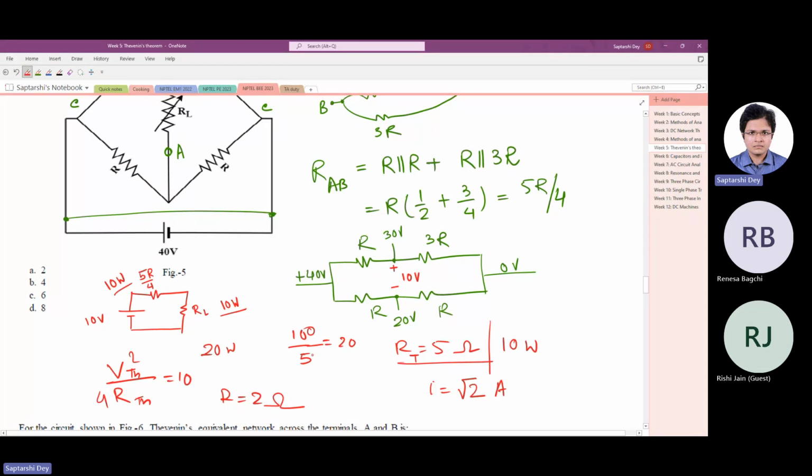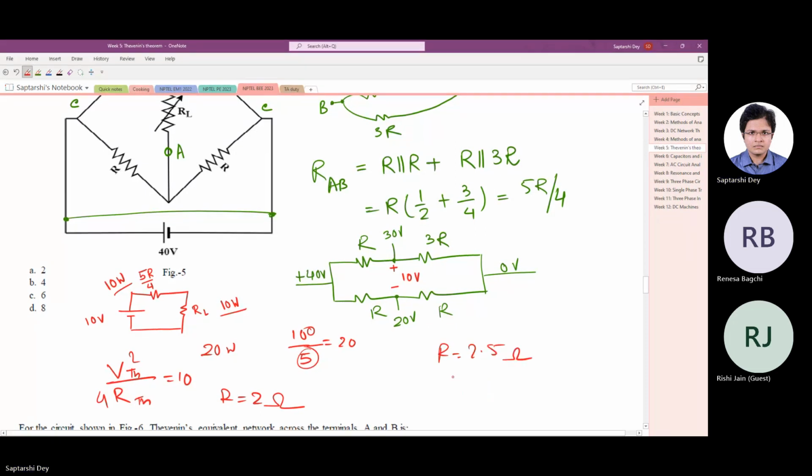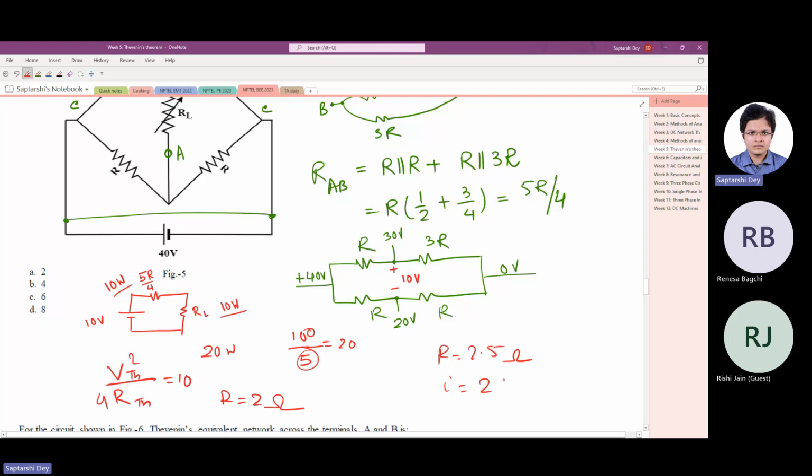So R is definitely 5. So there are two R's in series which are equal. So what I'm getting is R equals 2.5 ohm and the current should be 2 ampere.